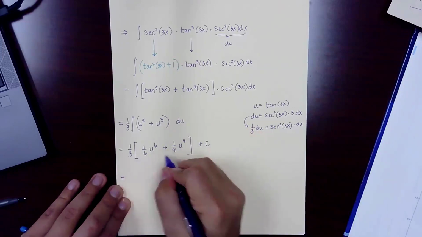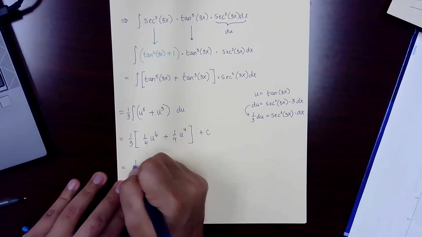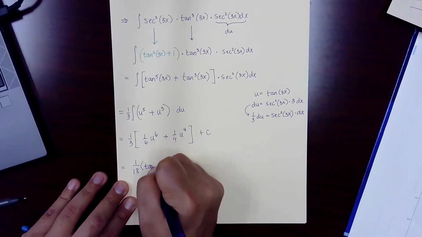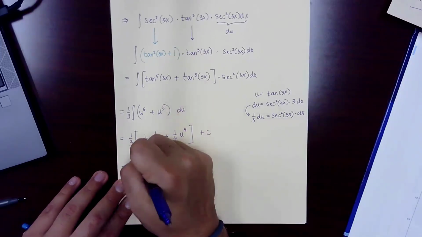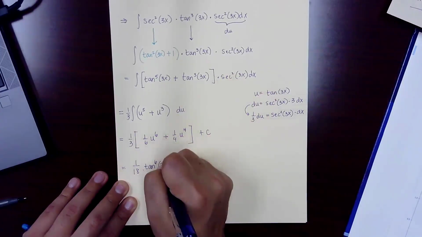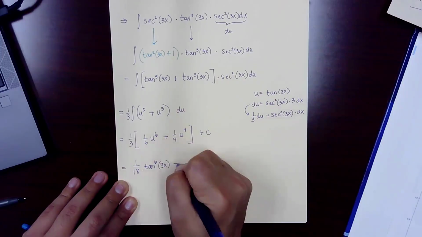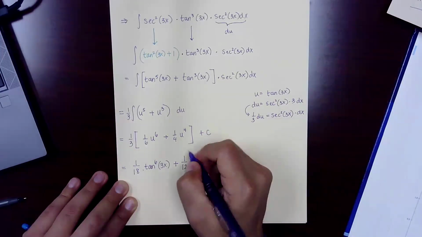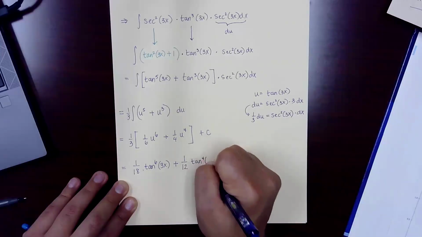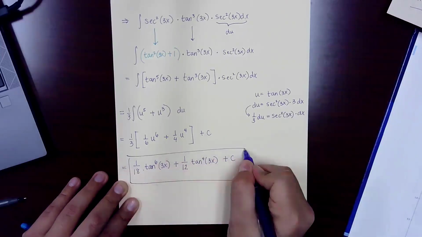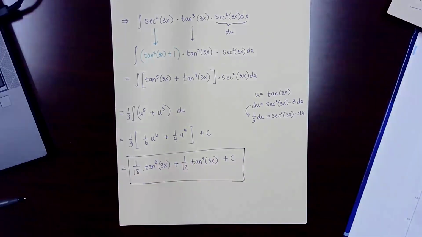So distributing that 1/3, I should have the 1/18, and then this should be tangent, however you want to write it, with the little sixth power here of our 3x, plus this will be 1/12 tangent to the fourth power of 3x plus c. And I think that is actually how it should have gone.